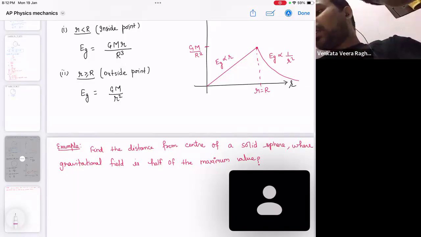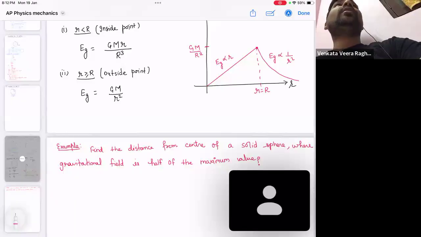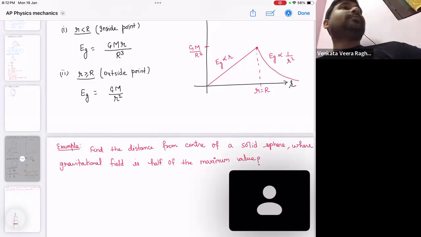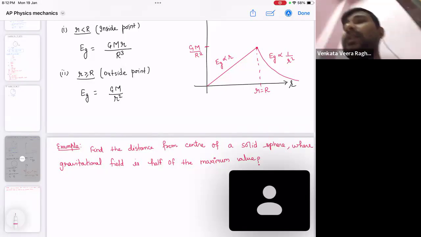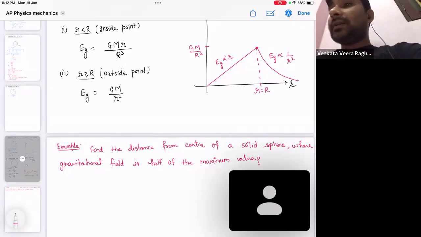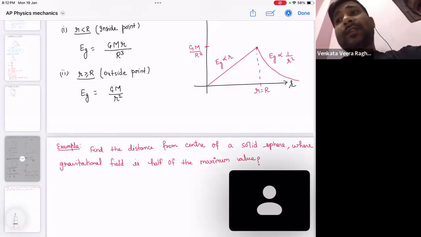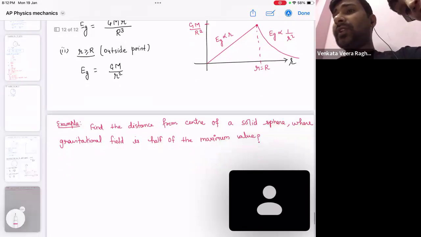That means on the surface of a planet or a sphere, the gravitational field has maximum value. Understood? So now we know the maximum value.